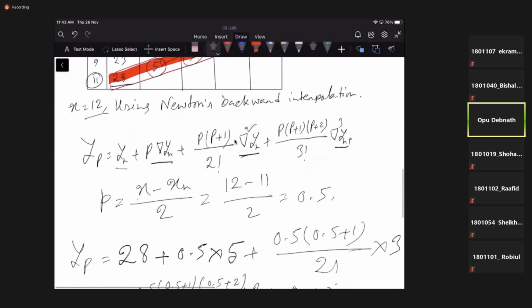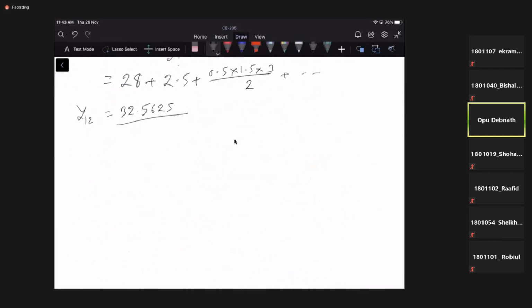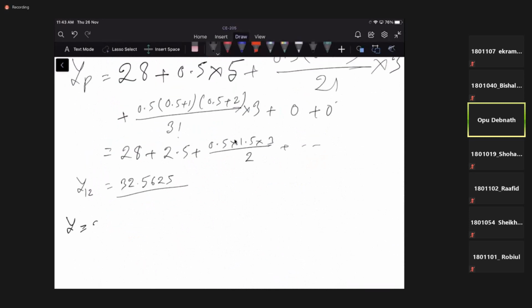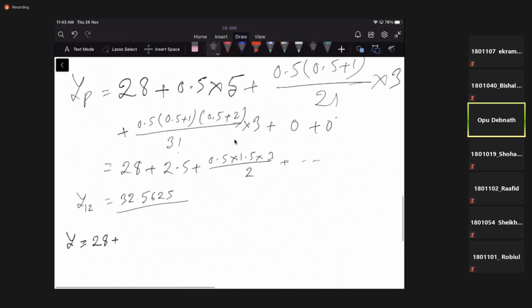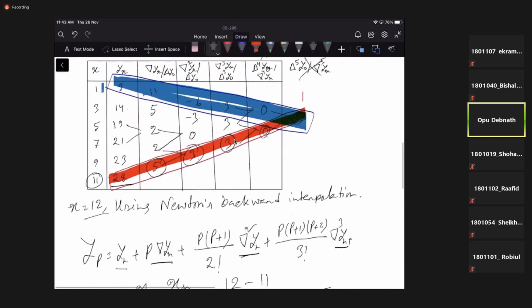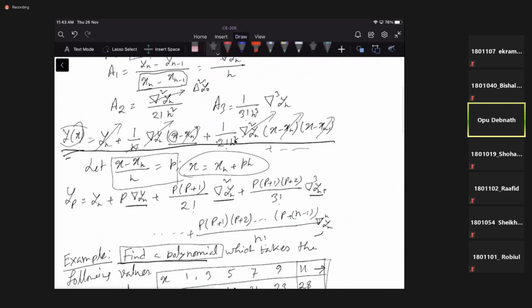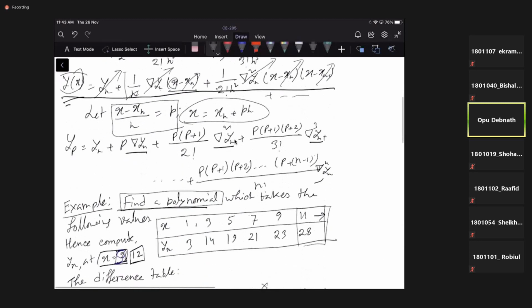So I am just starting, y is equal to yn, the last term, yn means 28. Okay, plus, come to this equation. Where is it? Nabla yn x minus xn, first term, 1 by h nabla yn x minus xn.